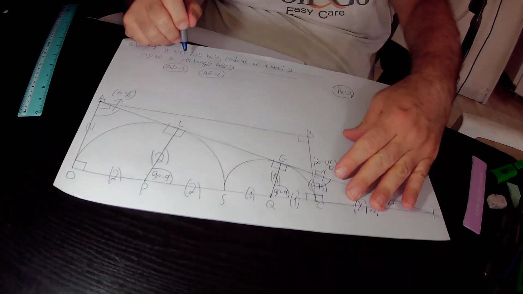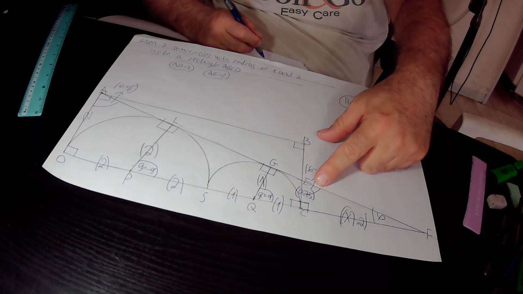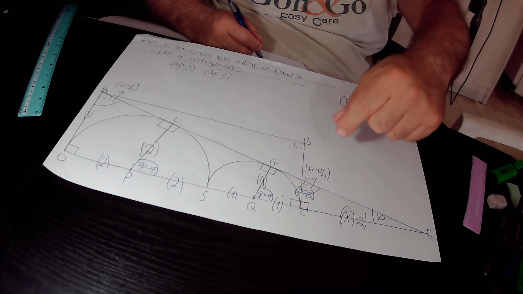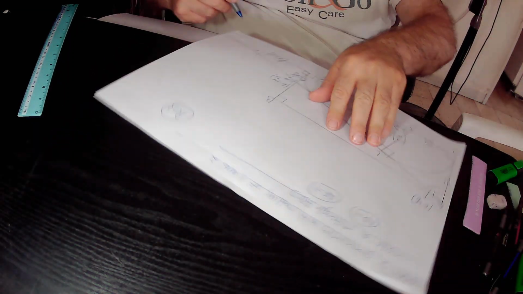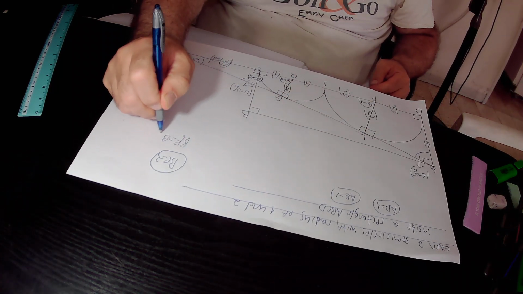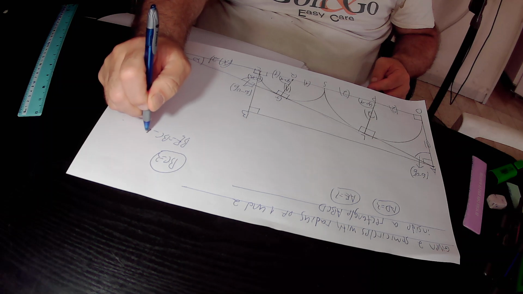What is the length of side BE? From the drawing it is very easy to see that BE equals BC minus EC. Again, BC minus EC equals BE. So I write it down. BE equals BC minus EC.